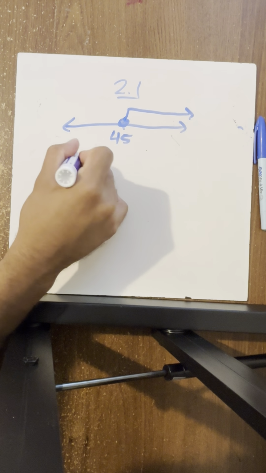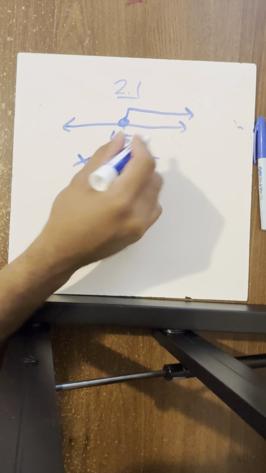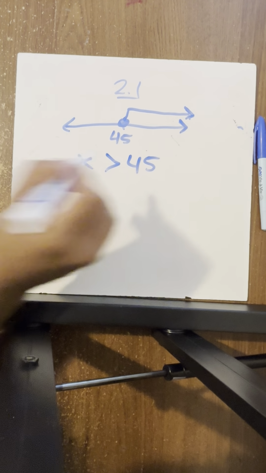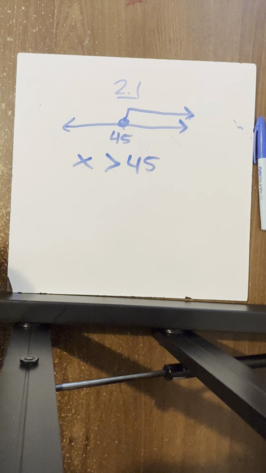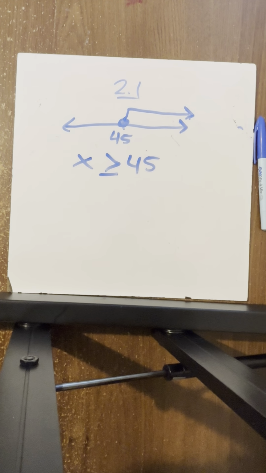We want the x to be written first. We know that the number of focus is 45, and the arrow matches this arrow, so we'll say x being greater than 45, and notice that it is a closed circle, so we'll have an equal sign underneath. So x being greater than or equal to 45.